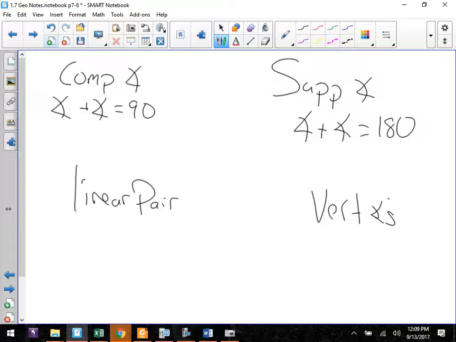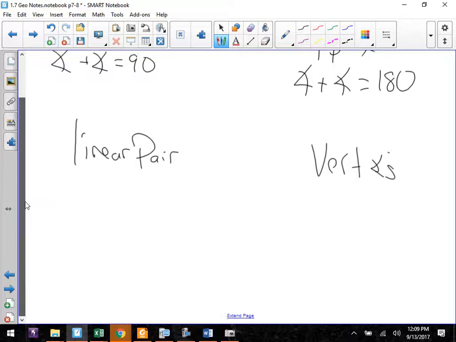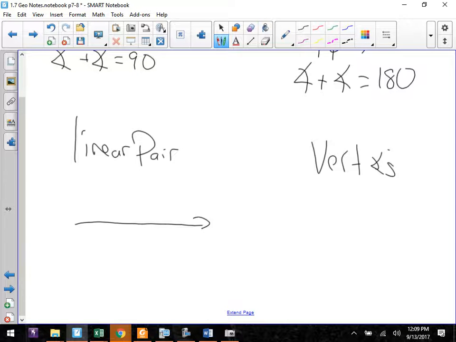Because do supplementary angles or complementary angles have to share the same vertex? No. They just have to add to 90. It doesn't matter where they're placed. So if I look at linear pair, we know it's going to be two angles that create a line. Well, there's a line. There's only one angle, right? All I have to do then is just draw a line. That's a linear pair. Two angles that create a line.